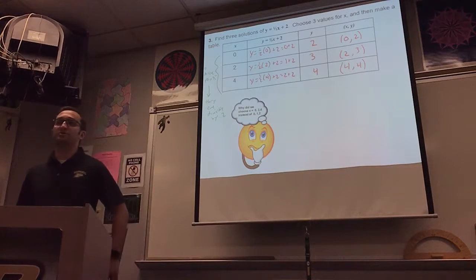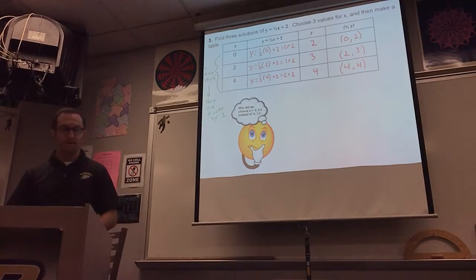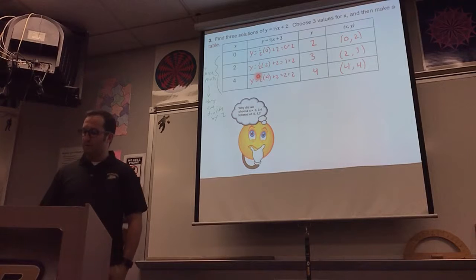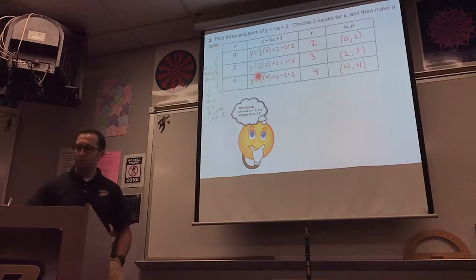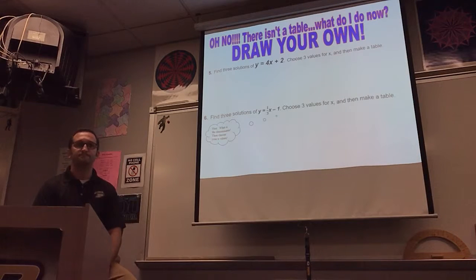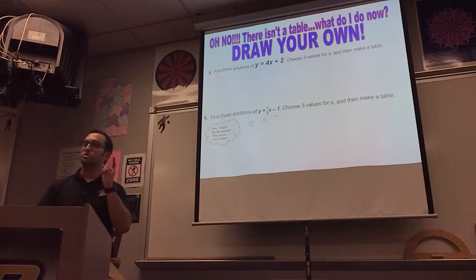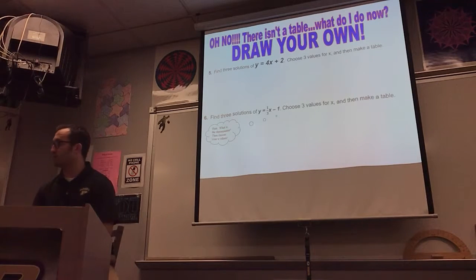If you are somebody who can do that in your head, then you can actually get rid of all of this. I'll show you in a moment what I mean when we draw our own table. If you are someone who is not able to do this stuff in your head, then you should draw a table that looks like the one I provided for you.